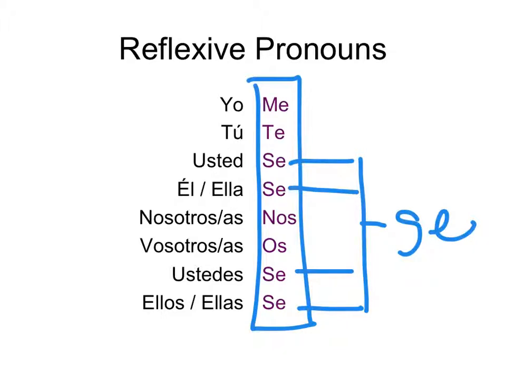So just to review, in what chapter did we start with? Chapter 5, we had lo, la, los, and las, okay? For the he, she, it, and they form. And then in chapter 6, your most recent test, it was either le or les for el, ella, usted. Indirect objects. But now we've got se, and that's when you do it to yourself, okay? You don't do it to anyone else. You don't give it to anybody else. The action is reflexive.